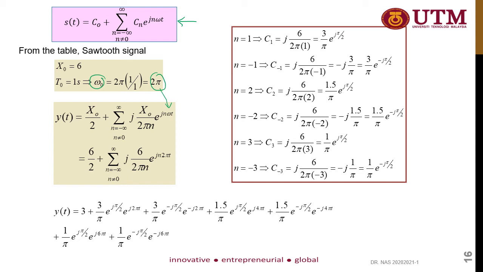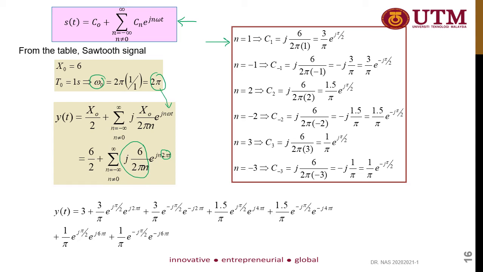So x0 is equal to 6 divided by 2, e^(j...), and replace omega with 2 pi. Next is to identify the Cn values up to third harmonics. So up to third harmonics, you need to consider all n negative and positive 1 up to 3.